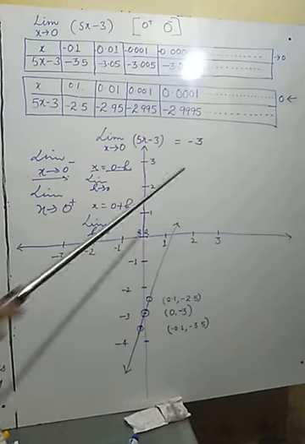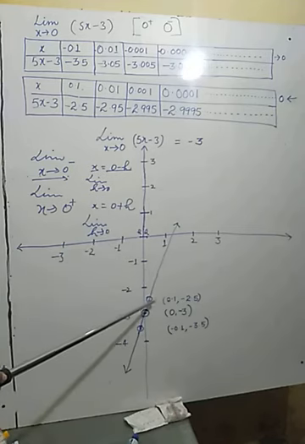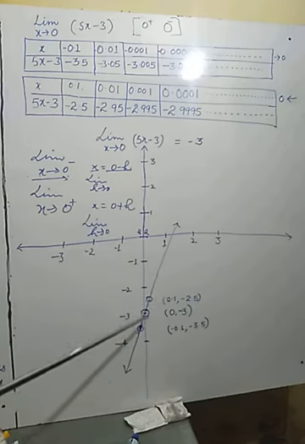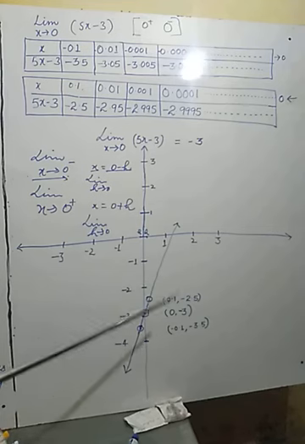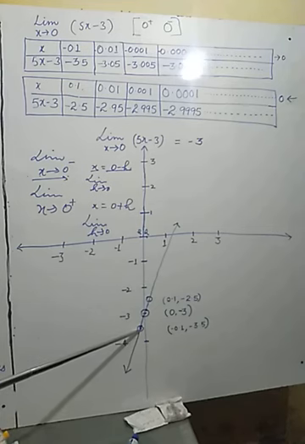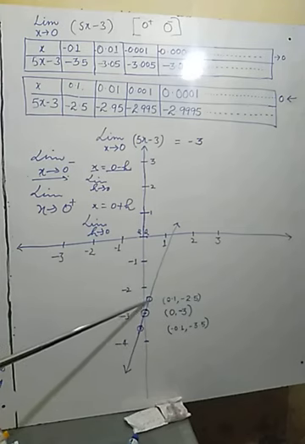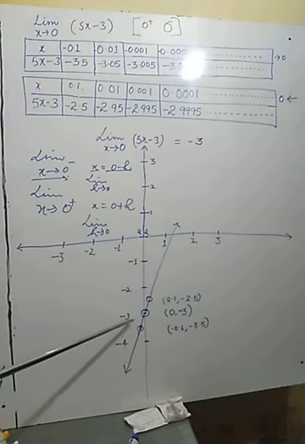There would not be any break because this one is approaching minus 3, this one is also approaching minus 3, and the value of the function is already minus 3.